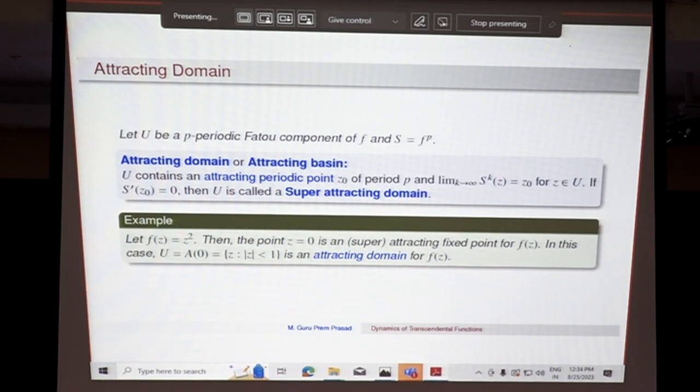For example, z square, z equal to 0 is an attracting fixed point, not only attracting, it becomes super attracting because the derivative is also 0. Then mod z less than 1, it is a Fatou component containing this attracting fixed point. So, it is attracting domain for the Fatou set of this function.